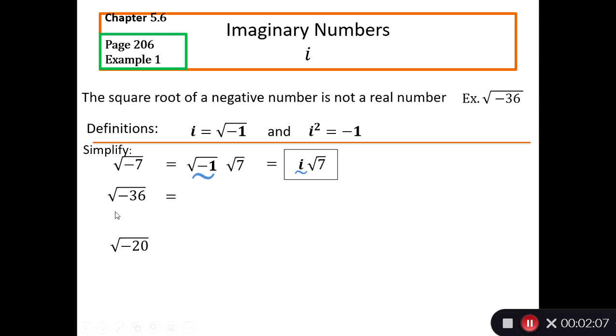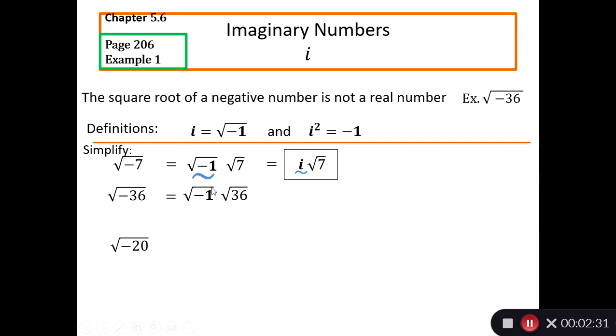They're all the same. Here I have the negative with the even index. Normally we'd say not a real number, but we're talking about imaginary numbers now. So therefore you pull the square root of negative 1, and then you have the positive of whatever the radicand is, because negative 1 times 36 is negative 36.